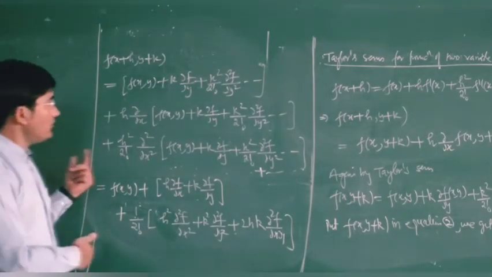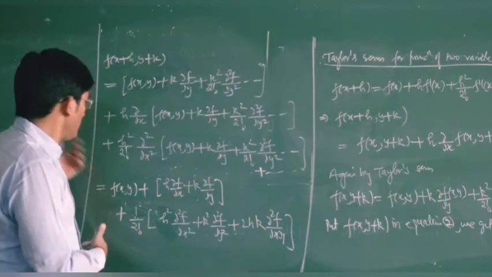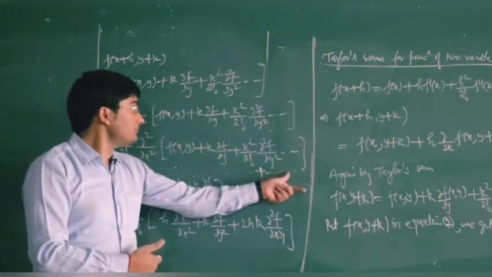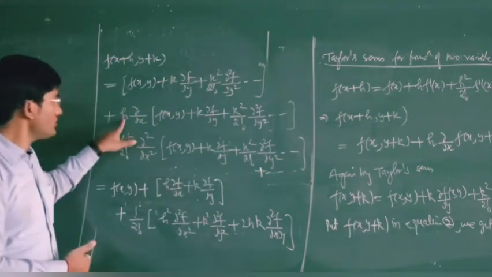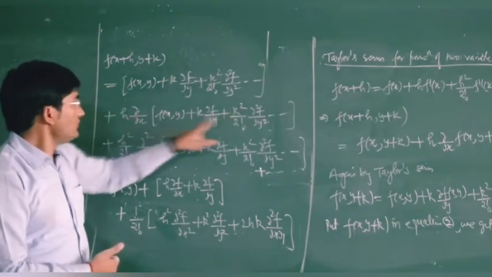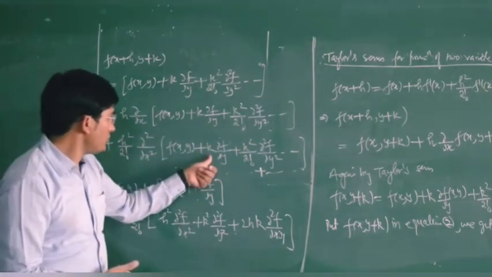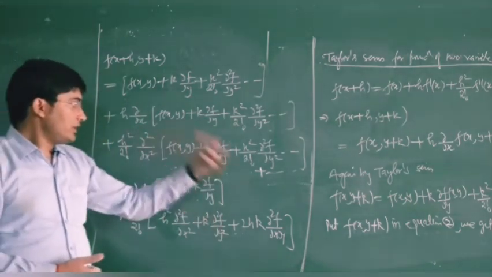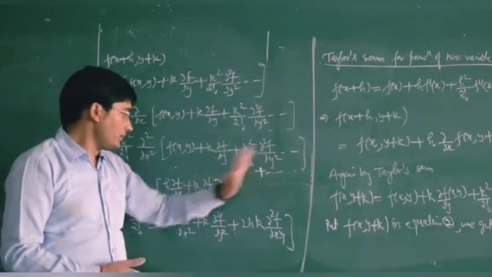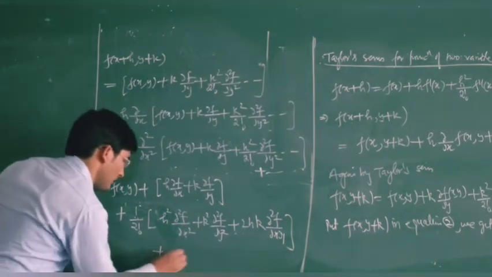Now you can find out the terms of order 3. For that we will have to write the next term here. One term is this one, which is of order 3, then here we have another term of order 3, and we can get another term of order 3 from here, and so on.